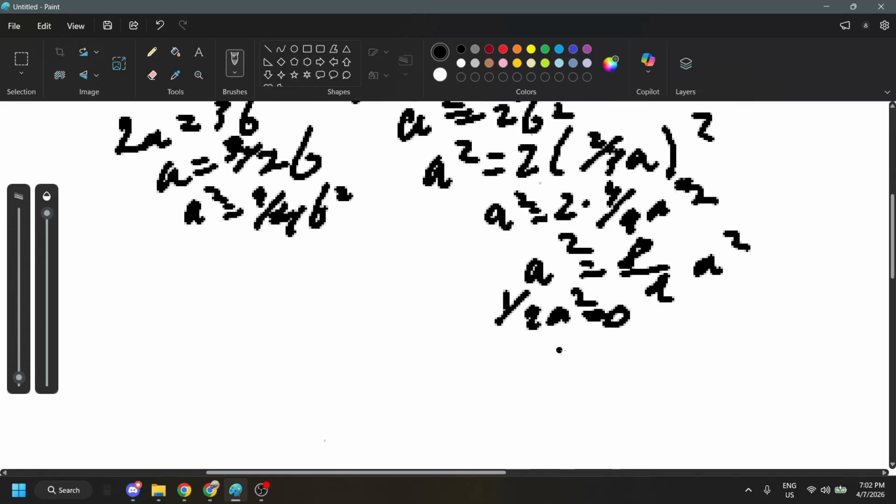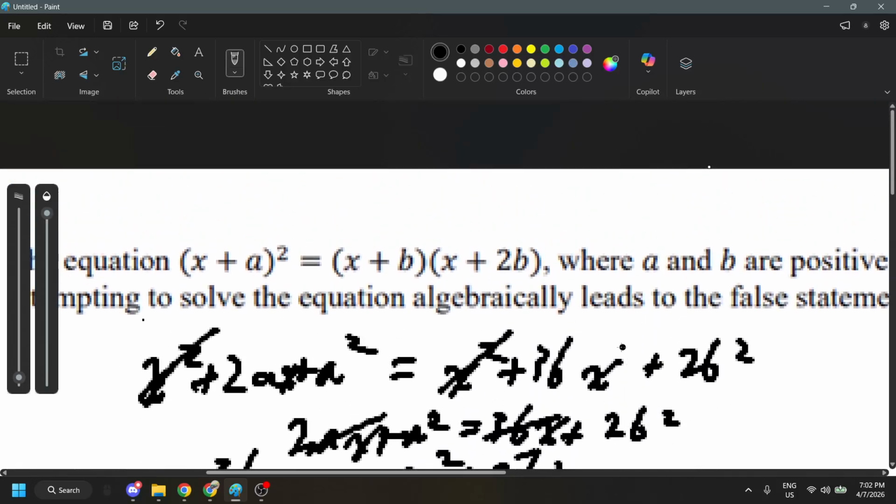So a is equal to 0. But this is not correct because there are no solutions to this equation. Confused where we're getting the 0 from.